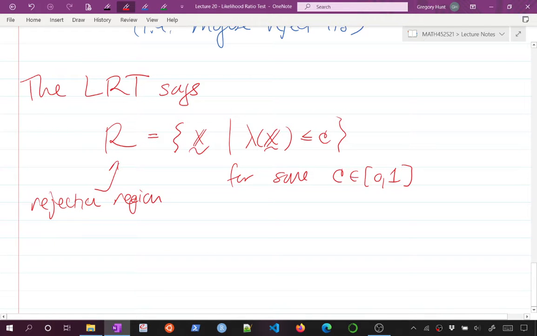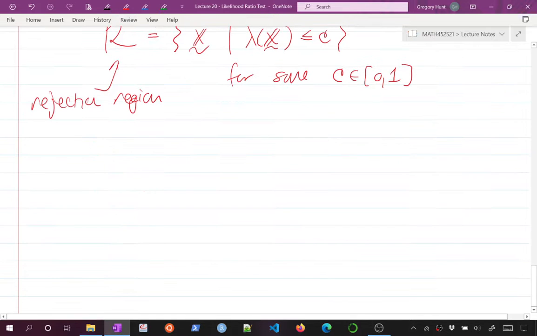But if it's bigger than that C, I'm going to say the null hypothesis is consistent with the data we see, and we're not going to reject the null hypothesis. So the LRT defines the rejection region by thresholding this lambda. Reject if it's too small. How small? You've got to choose some threshold constant C.